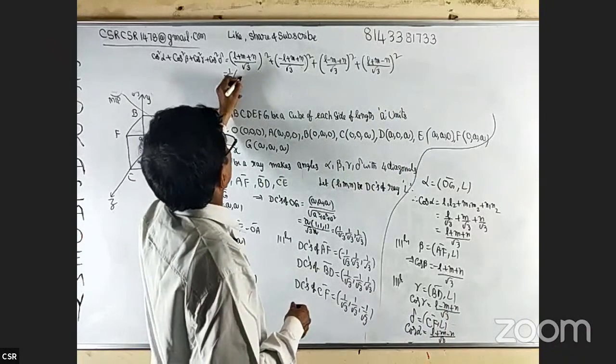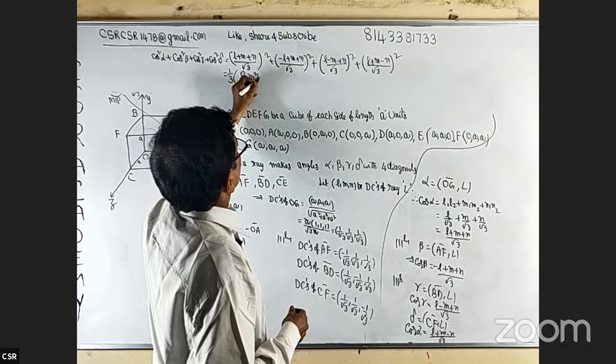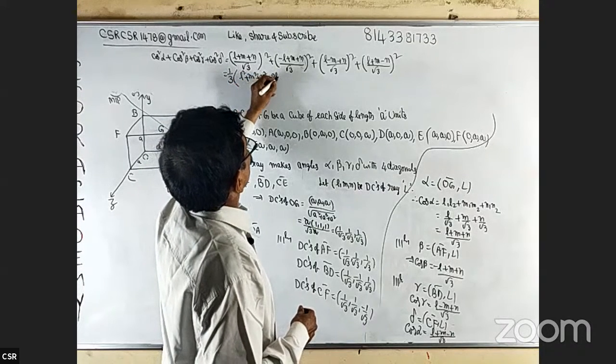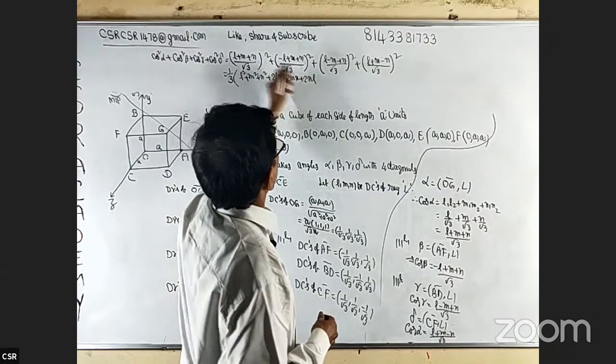Now simplify all. Using (A plus B plus C) whole square, L square plus M square plus N square plus 2LM, 2MN, 2NL. First one completed.